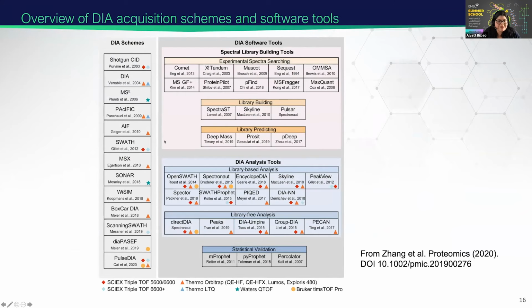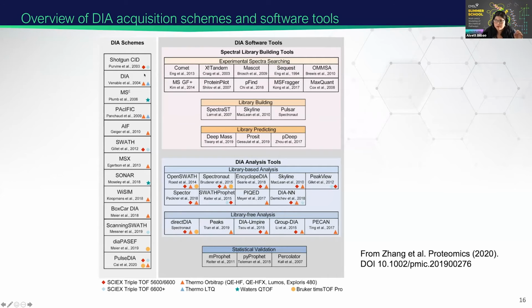I apologize for this slide that is a little bit crowded, but it's a very nice summary of the development of data-independent acquisition methods and the tools that are available now. On the left, we can see the DIA acquisition schemes in a kind of timeline.